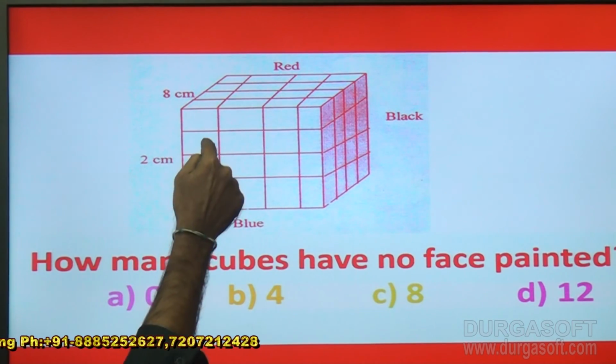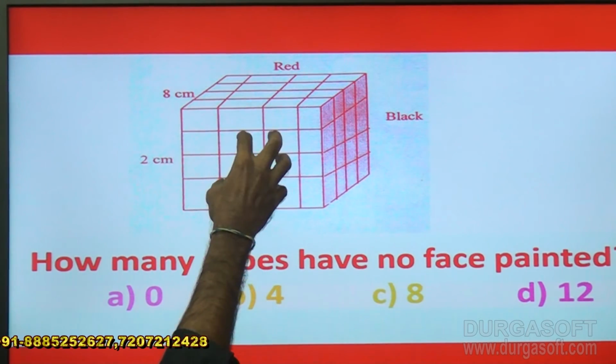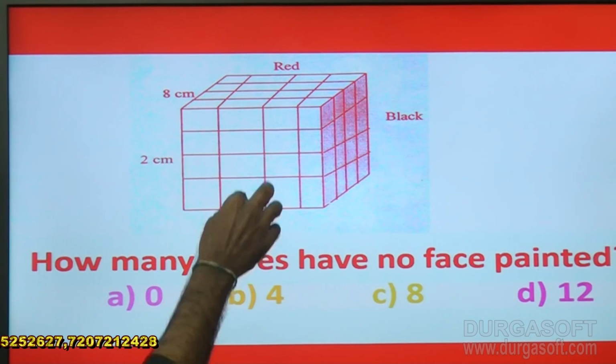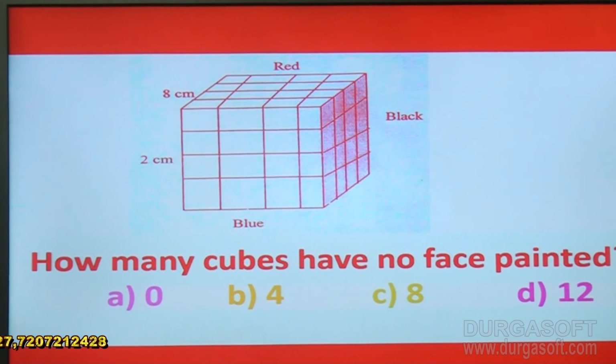Now what is left here? We are left with exactly the middle 4. This is towards you, which is the front view. In the front view it is painted with blue. That's why these 4 faces are painted blue, and the back side also has 4 cubes painted blue. So front view and back view, 4 plus 4, total 8 are painted.